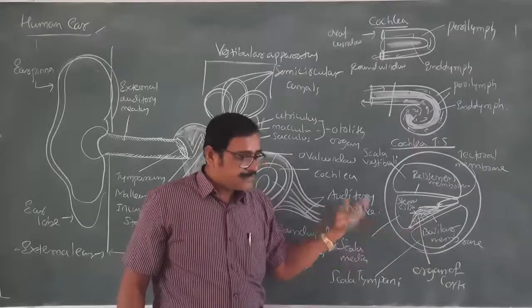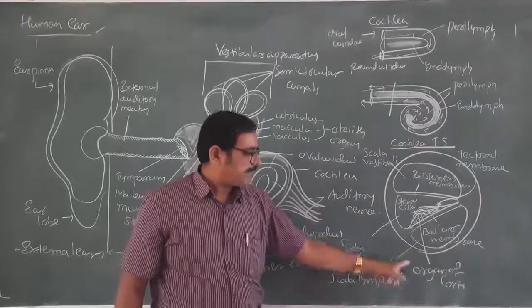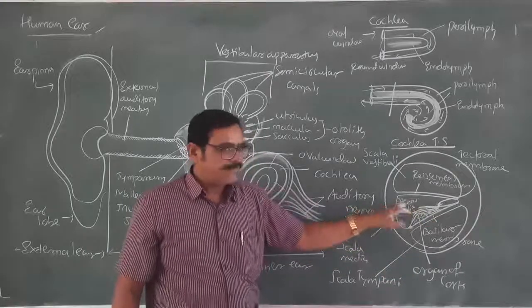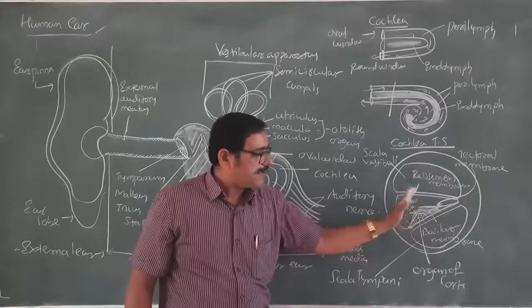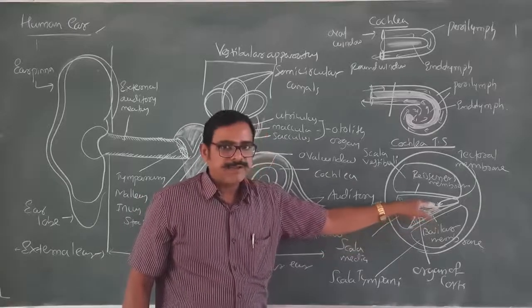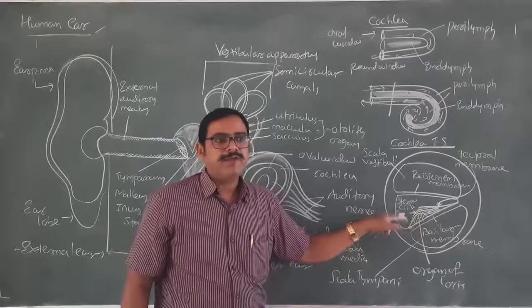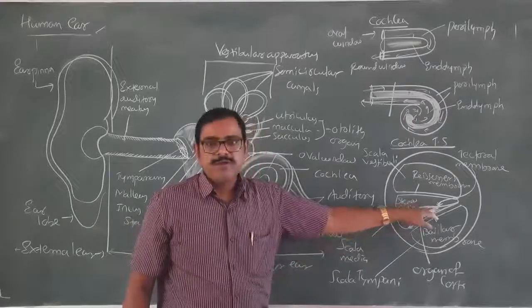At the same time, the organ of Corti has sensory hairs, which we call stereocilia. They start rubbing against the tectorial membrane. This rubbing action is the end point of converting the vibration into impulses.